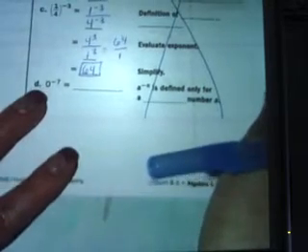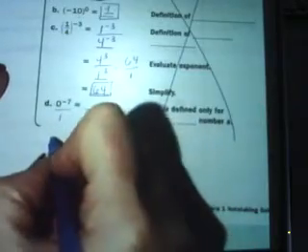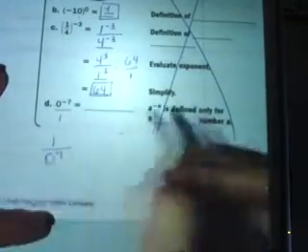0 to the negative 7 power. Remember, this base cannot be 0, so we know this isn't going to work, but let me show you why it won't work. I can see a negative exponent, and I'm going to put it over 1, and take the reciprocal to get rid of this negative exponent, so we're going to have 1 over 0 to the 7th power.